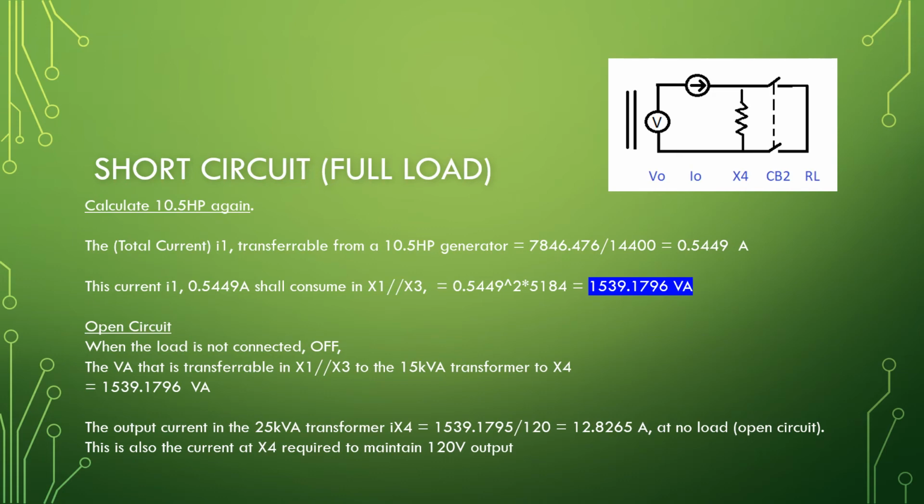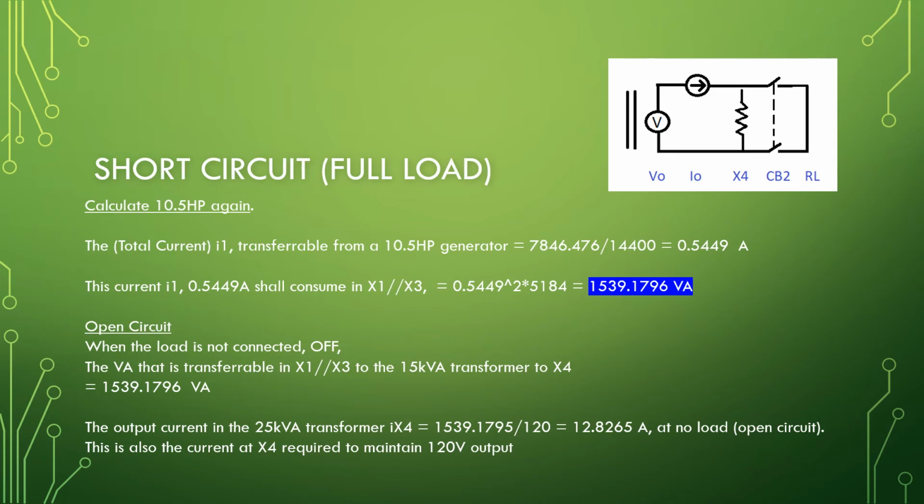1,539.1796 VA. At open circuit, when the load is not connected, the VA that is transferable in X1 parallel X3 to the 15 kVA transformer X4 equals 1,539.1796 VA.